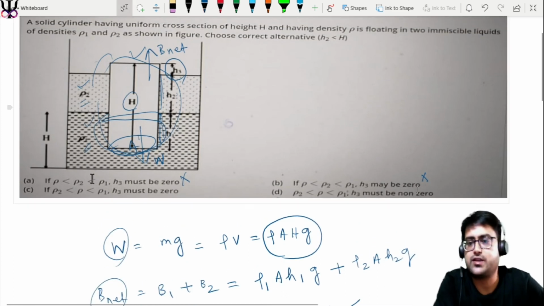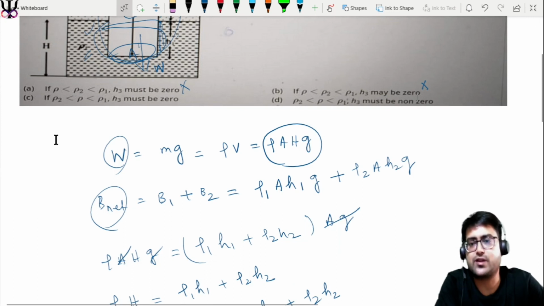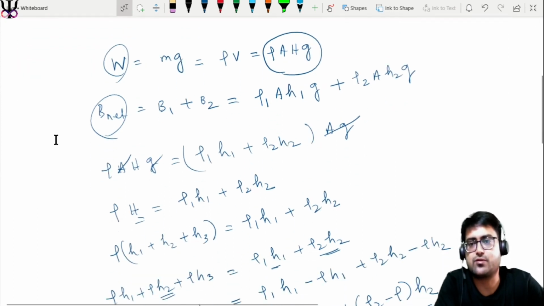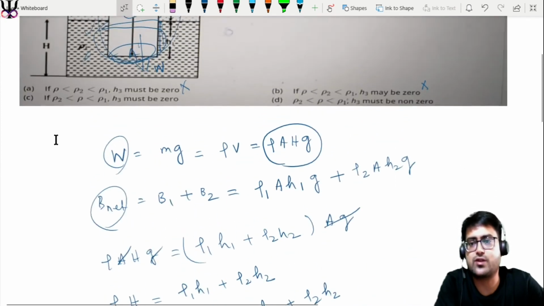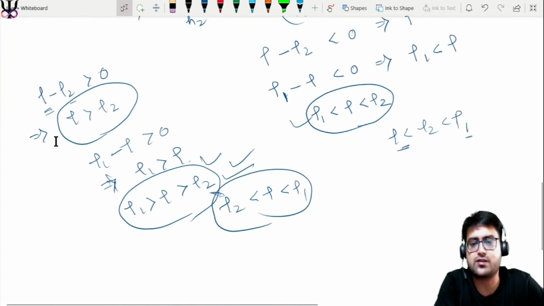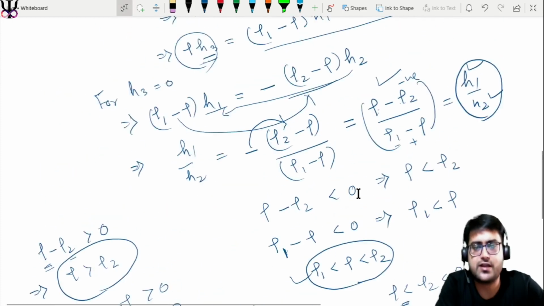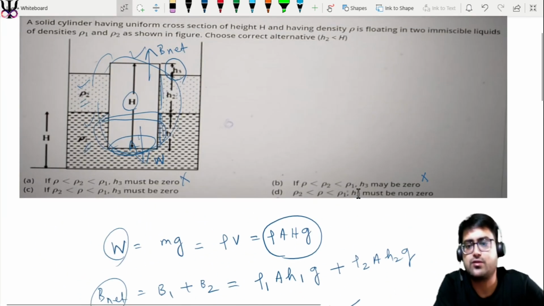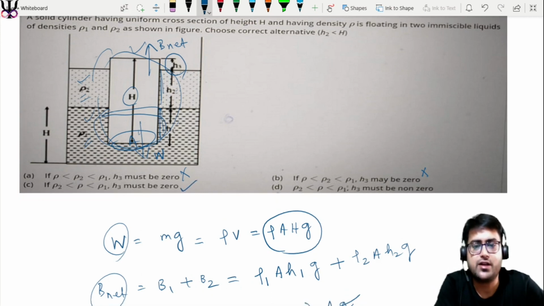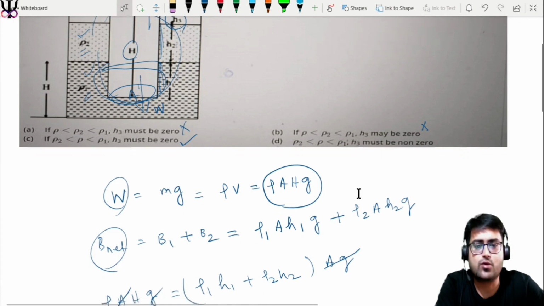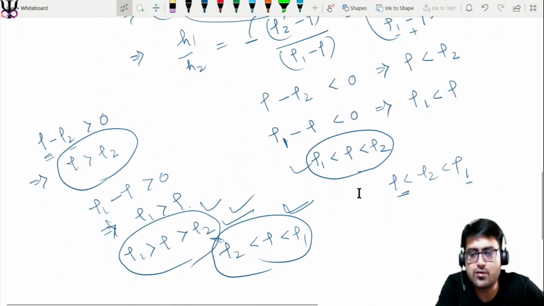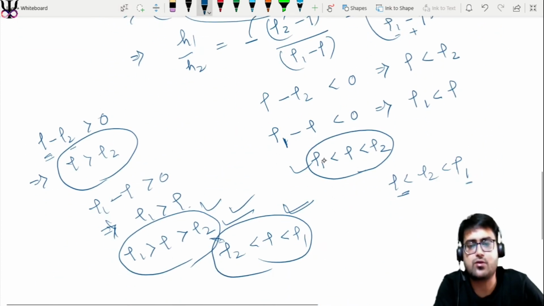See, if ρ2 is less than ρ less than ρ1, h3 must be 0. This is a condition, yeah, h3 must be 0. This is correct. Let's see option D. ρ2 less than ρ less than ρ1.